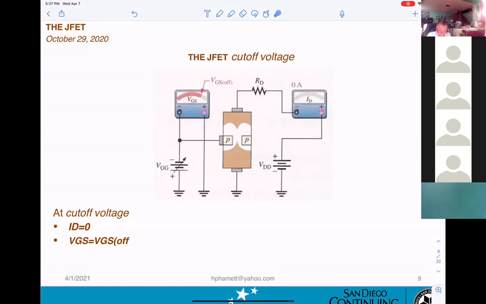If you look at the channel here, there is no more channel, so electrons cannot move from the drain to the source. That's why ID is 0. Make sure you understand that at the cutoff voltage, ID equals 0, and VGS equals VGS off.